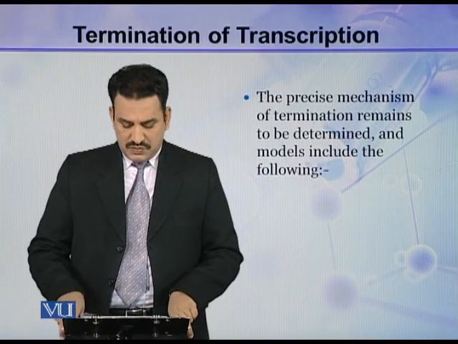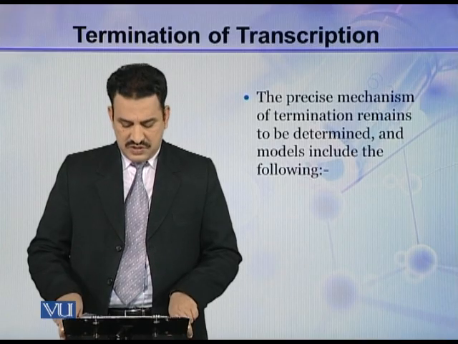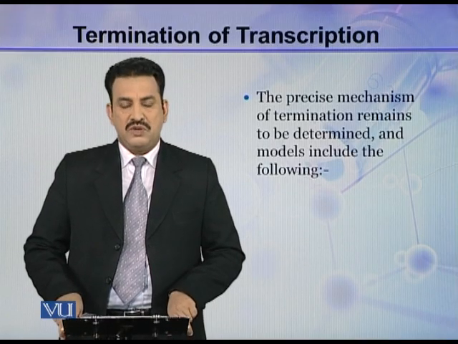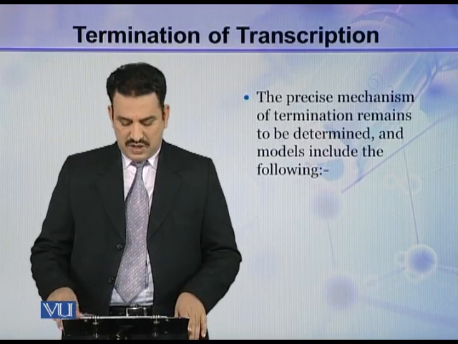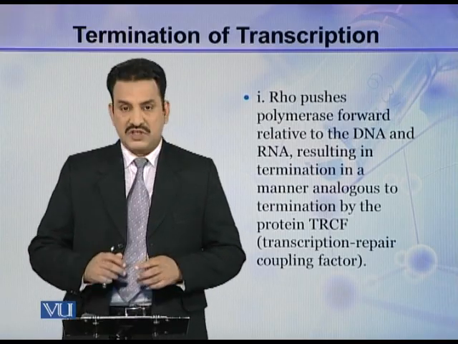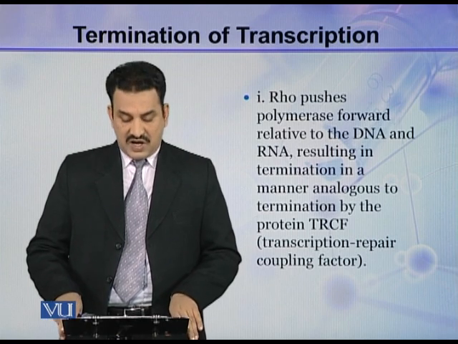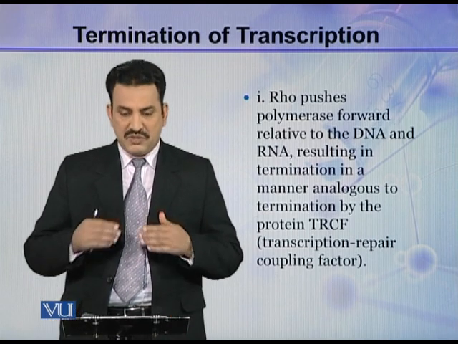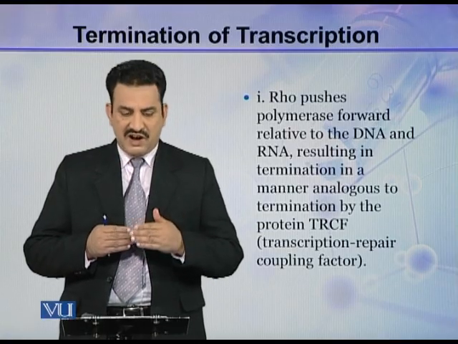The precise mechanism of termination remains to be determined, however, the models which explain it may be of 3 types. For example, the first model describes that RHO pushes polymerase forward relative to the DNA and RNA.